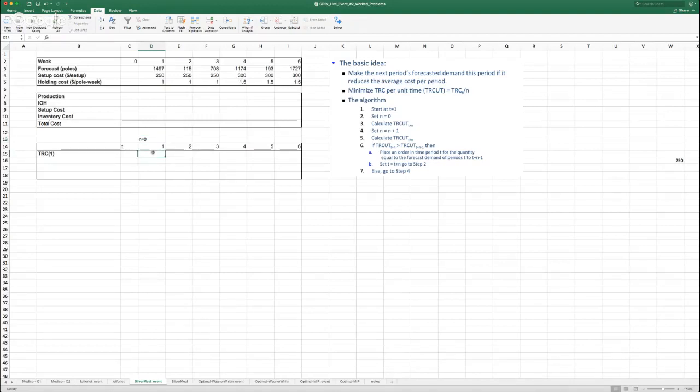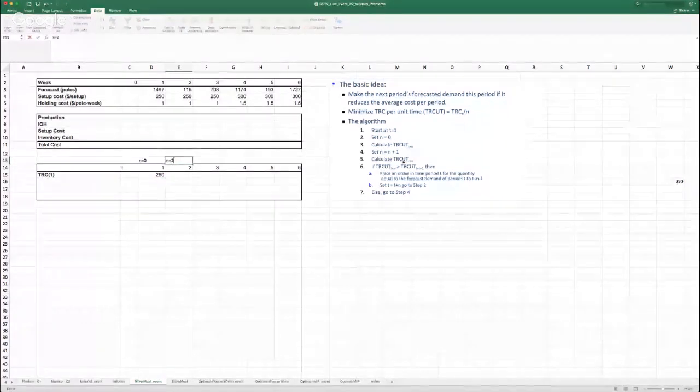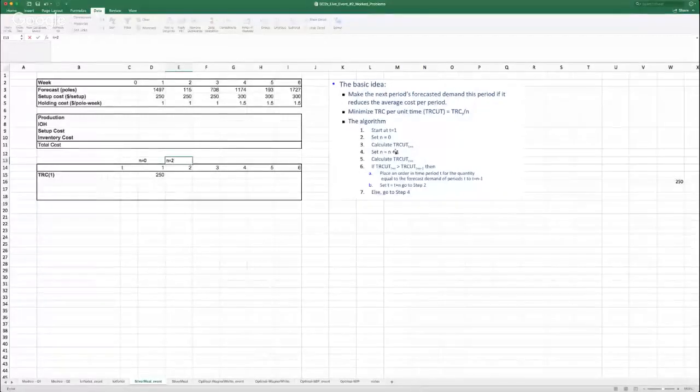Which in this case, you can see what I'm entering is just equal to the setup cost. If we produce in time period 1, we'll only have to pay the setup cost because there will be no inventory. Now let's set n equal to 2, so we are incrementing n.